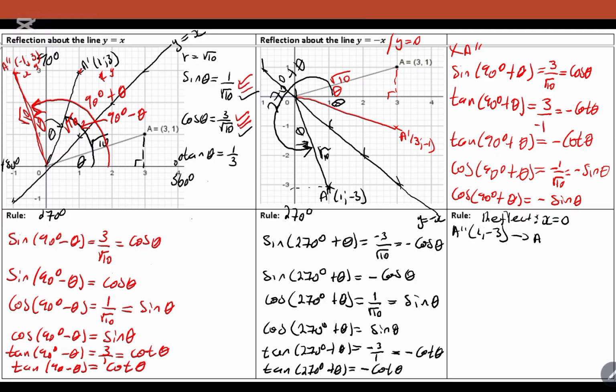So our A3 prime will therefore be, if we're reflecting this point about the y-axis, we know that only the value of x will change the sign. So that will be negative 1 and negative 3. So this point will lie here.